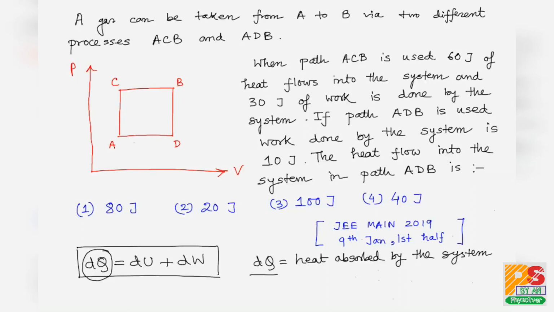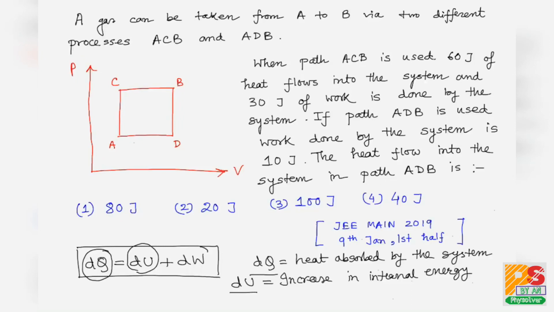Now dq is done. Coming to the second term, which is du. du is the increase in internal energy. Try to remember the formula like this. It means if the internal energy of the system increases, then I will put du as positive, and if it decreases, then du will be negative.